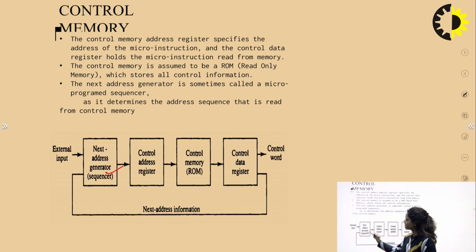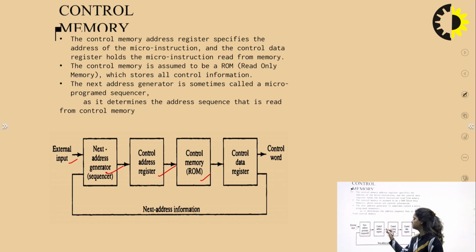In the next address generator, an external input coming from the system is inserted, and the address generator generates an address. That address is stored in the CAR register, a dedicated register used for control memory. This control address register contains the addresses of micro instructions. These micro instructions are stored in our control memory unit, which is a ROM memory.